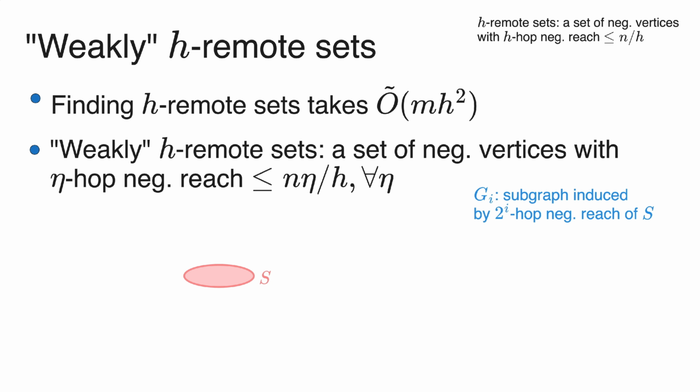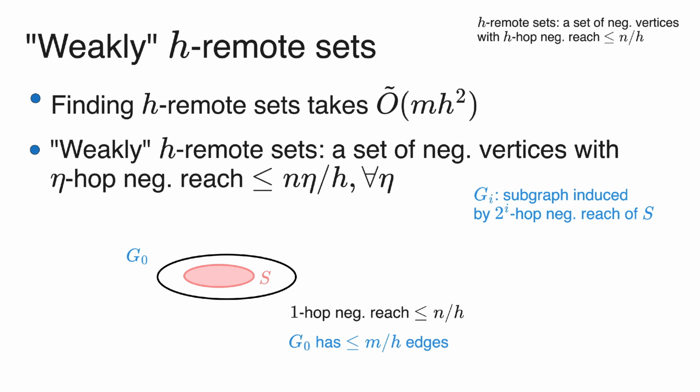This is one weakly remote set S, and we define Gi to be the subgraph induced by the 2 to the power of i hop negative reach of S. By this definition, we know the one-hop negative reach of S has at most n over h vertices.